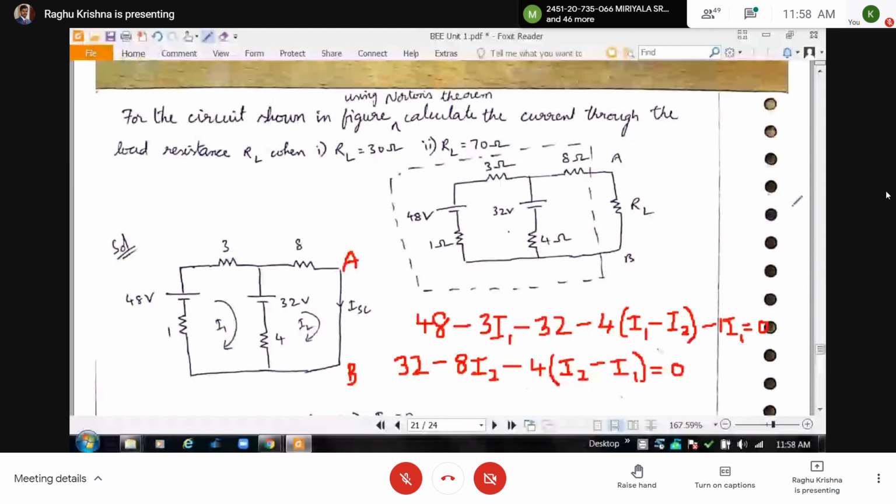If you solve these two equations, you are going to get I2 as 4 amperes. So I2 is equal to ISC.